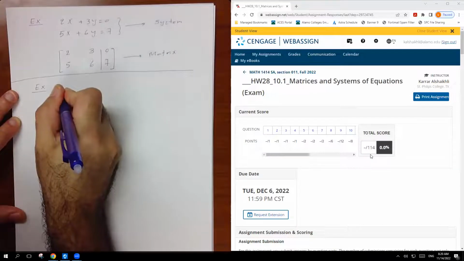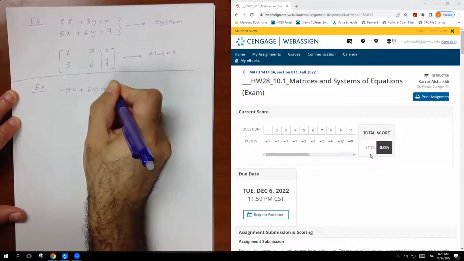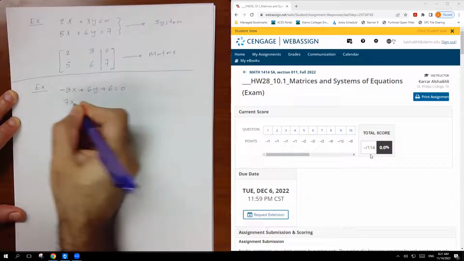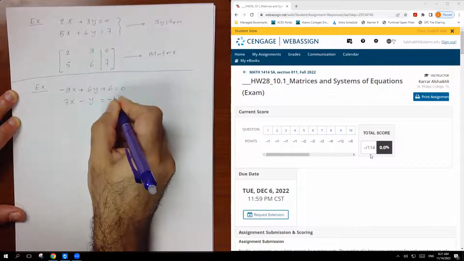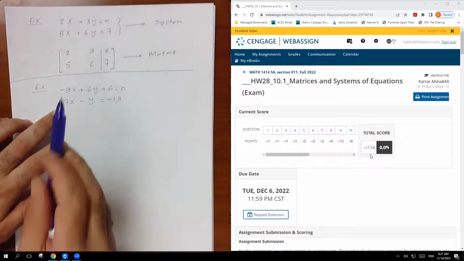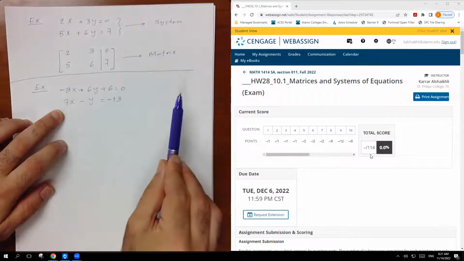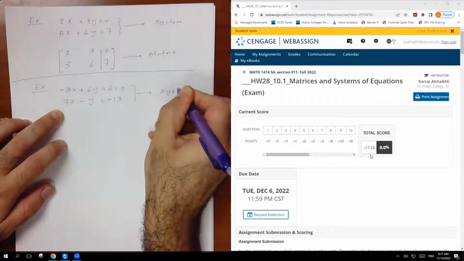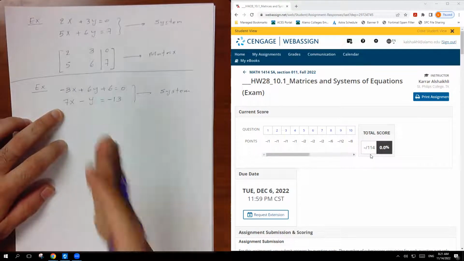Next, we have negative 3x plus 6y plus 6 equals 0, and 7x minus y equals negative 13. Again, I need to write the system with the variables x and y on one side and the number on the other side.